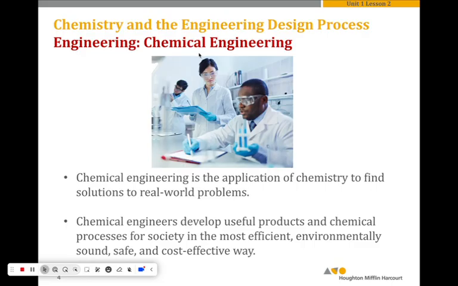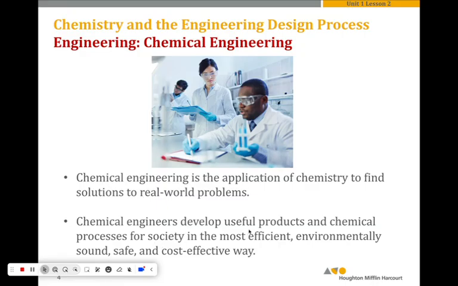So as a chemical engineer, you apply chemistry to real-world problems by finding solutions. Sometimes you work in a lab, sometimes you do research, sometimes you test out problems.